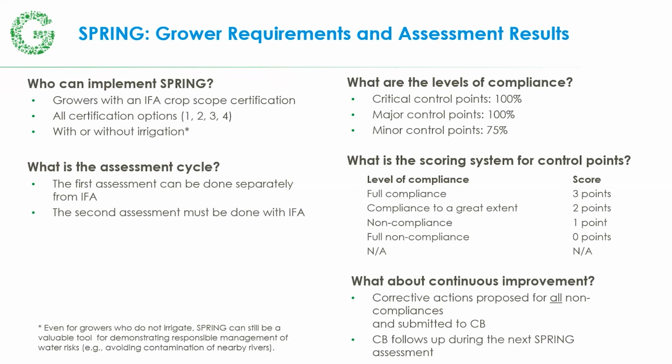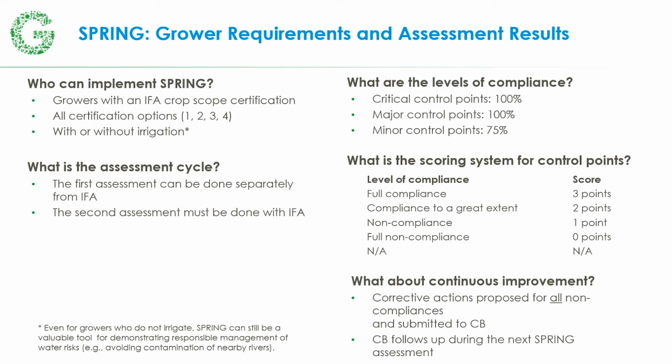The same auditor at the same time is going to do the assessment, then they don't need to visit the farm twice, it's only once, then it's going to avoid extra cost. That's why we ask to do spring together. But the first time we allow it in a different moment. It's not mandatory. The producer can receive both together. If, for example, the producer is going to receive IFA, I don't know, in May, they can ask for IFA and spring. No problem. Okay?